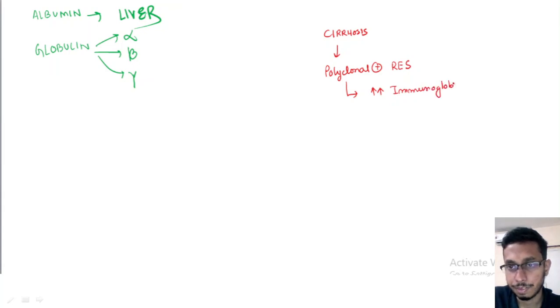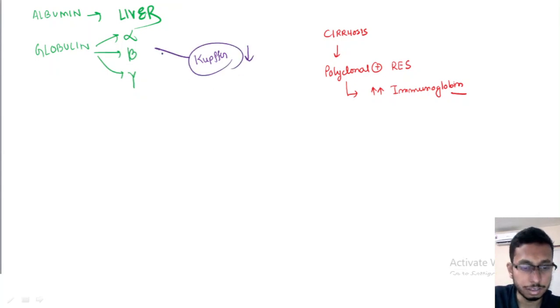Secondly, as Kupffer cells, which are macrophages present in the liver, decrease in number, they cannot clear the antigens present in the liver, and globulin level increases.